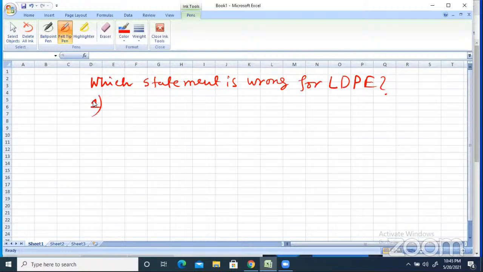I need one or two classes for solving all types of MCQs. It is tough. Number one, flexible.